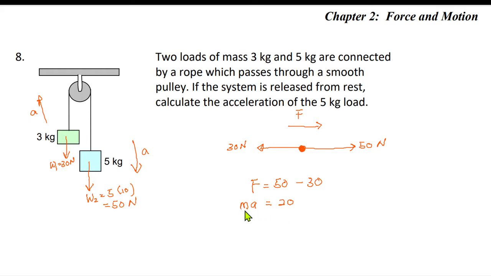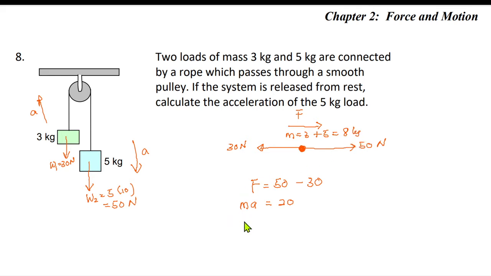But then what does this M refer to? Well, what is moving? 3 kilogram load and 5 kilogram load. So these two objects are moving. So the moving object in this system, my M here would be 3 plus 5. So my M here is 8 kilogram.